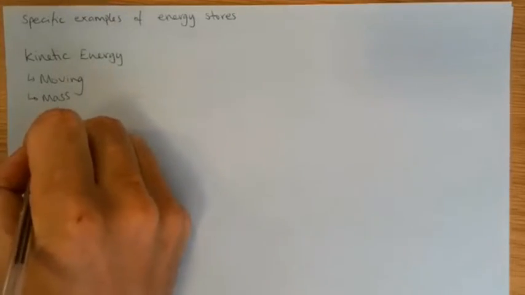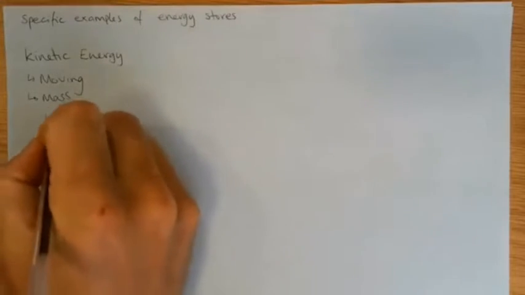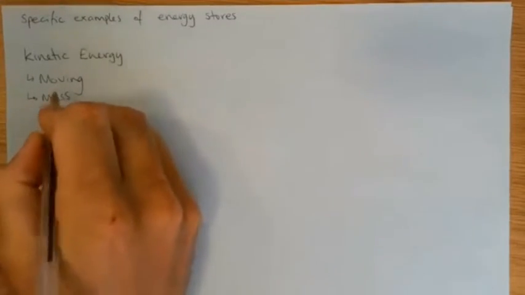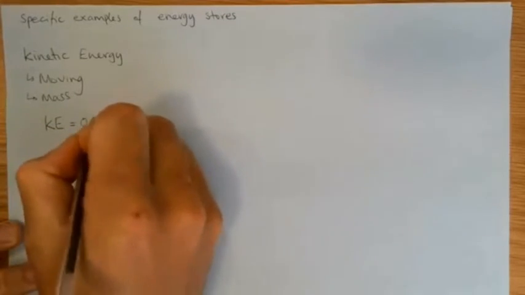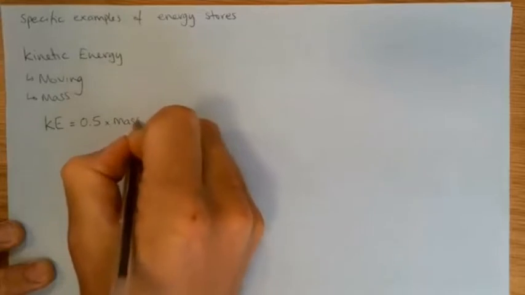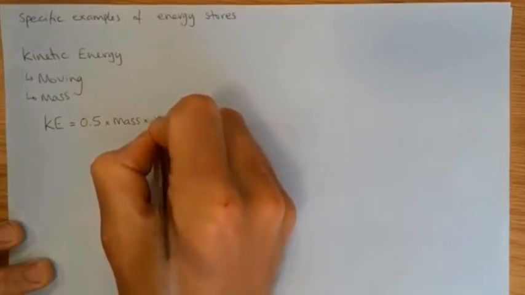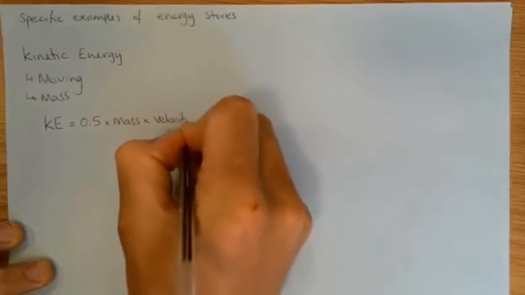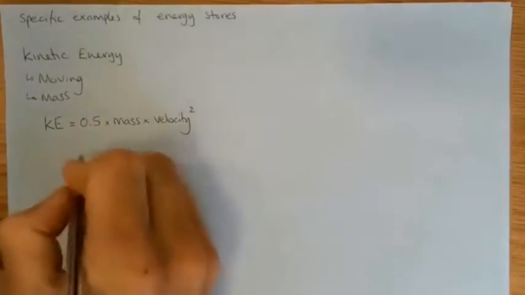So they worked out that the kinetic energy store, the amount of kinetic energy that a moving mass has, is half times the mass multiplied by the speed or velocity squared. So what does that mean?